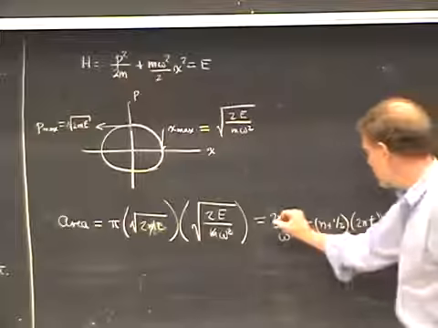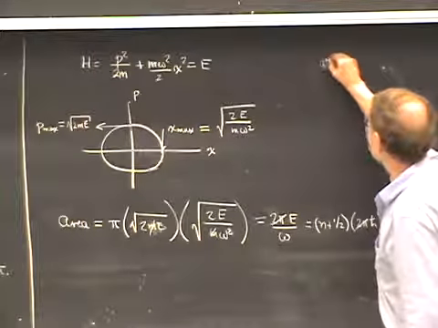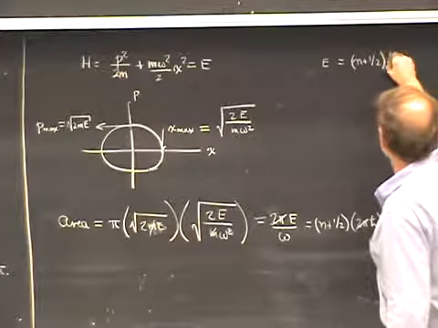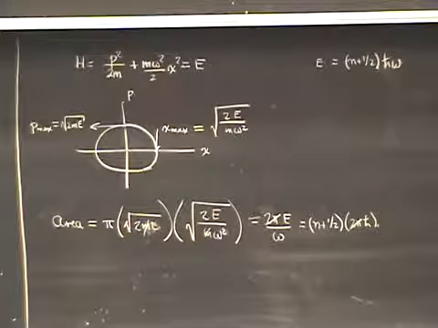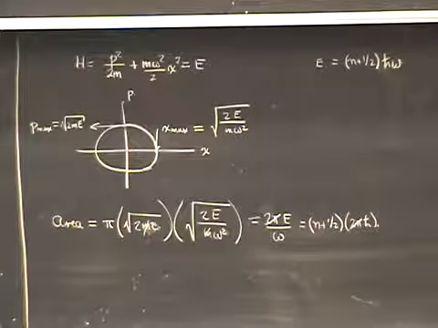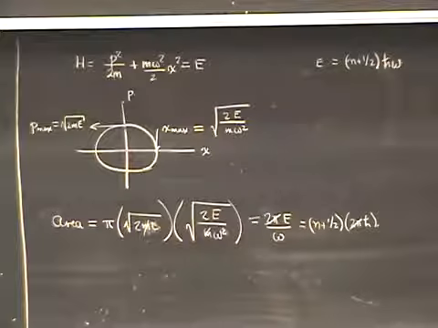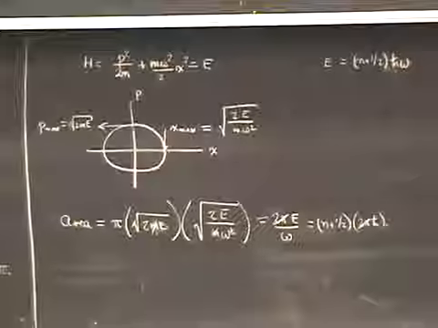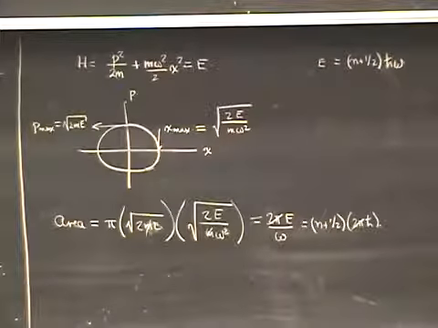You can see we can cancel the 2 pi's here, and then solve for the energy, and the result is that the energy is equal to n plus a half times h bar omega, which you recognize as the exact answer. So without much trouble, for the harmonic oscillator, Sommerfeld quantization gives the exact energy levels. WKB theory does not give the exact wave functions for the harmonic oscillator, but it does give the exact energy levels. All right.